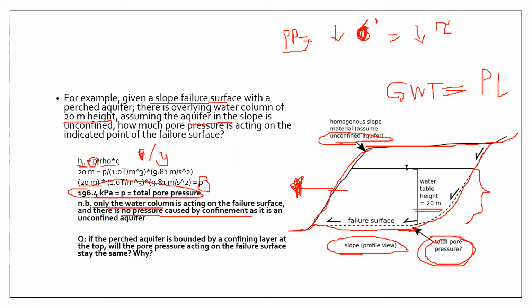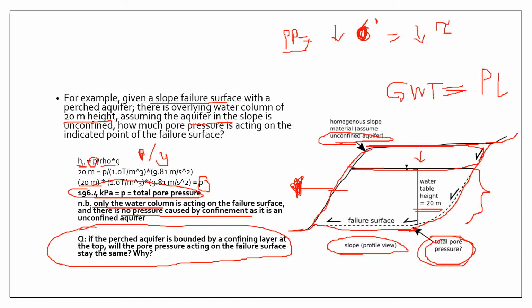All right, so let's go to this question. If the perched aquifer is bounded by a confining layer at the top, will the pore pressure acting on the failure surface stay the same? So if this layer is a confining layer, confining layers are basically pressing down your aquifer.